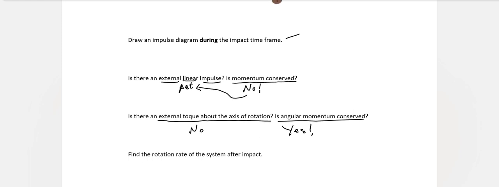So I'm going to go back to our picture to do the work. Here is picture 1. The angular momentum in picture 1 is going to be this momentum times this distance.